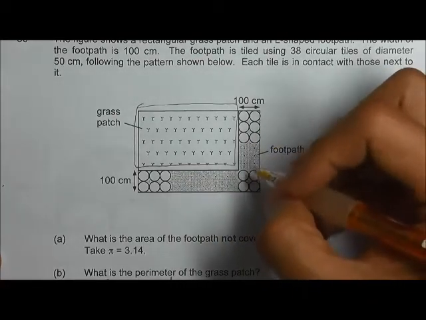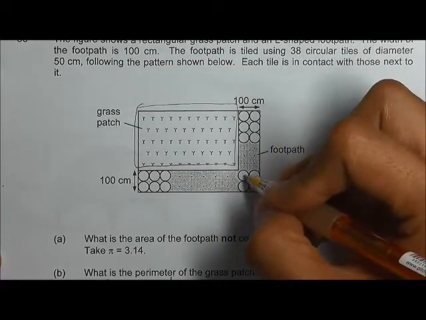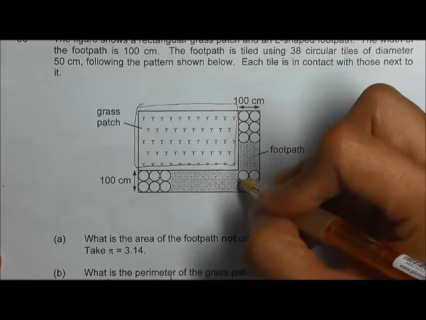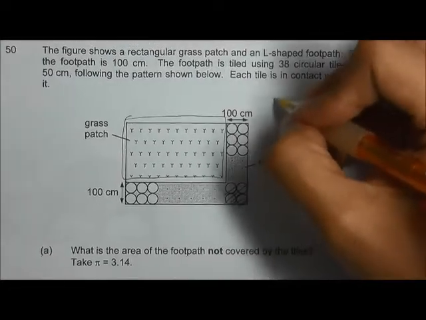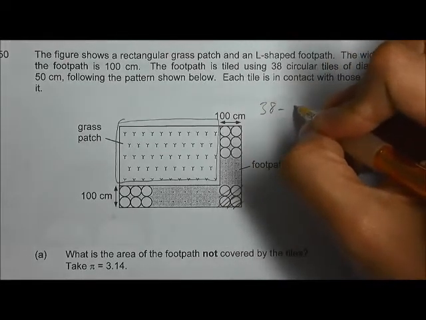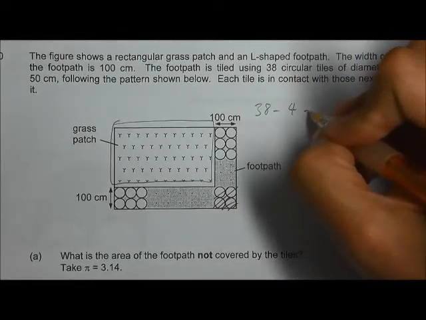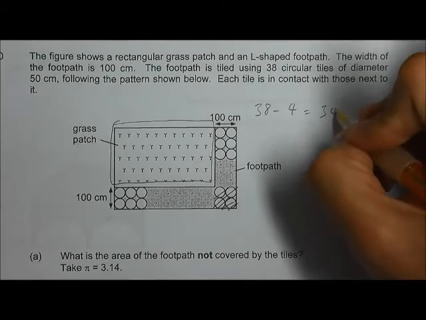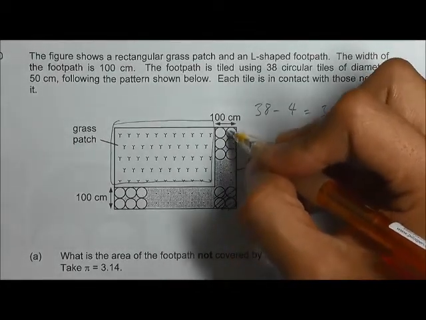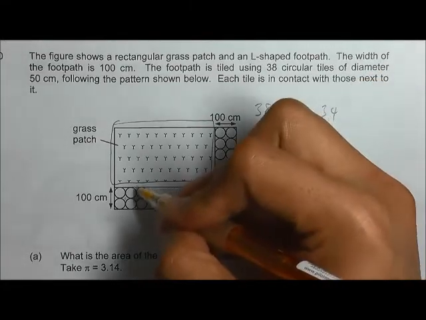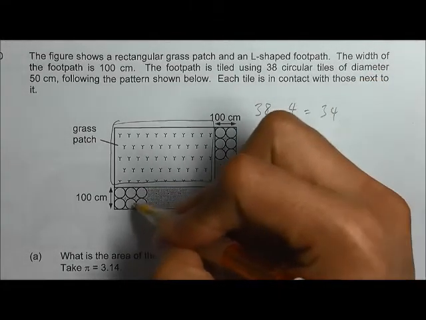I want you to just focus on all the tiles except for these 4. So 38 tiles minus 4, we will have 34. So 34 tiles are being laid here. You see a double layer, and then we have another double layer here.